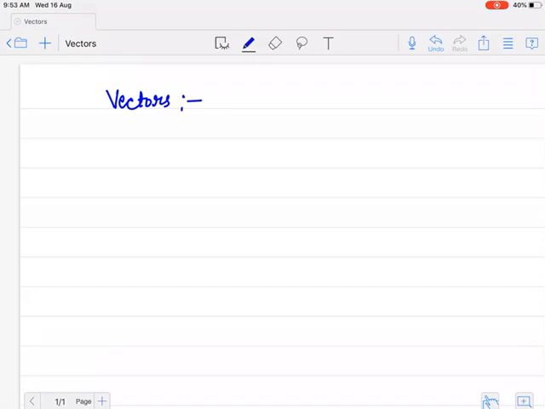By using vector notation, physical laws can often be written in a compact and similar form, as we can write down Newton's law of motion, F is equal to ma.